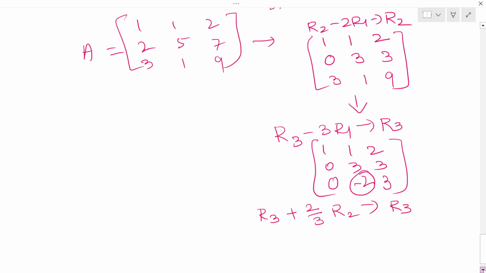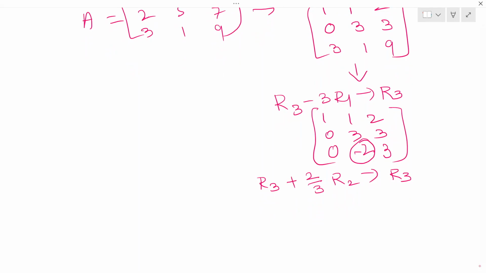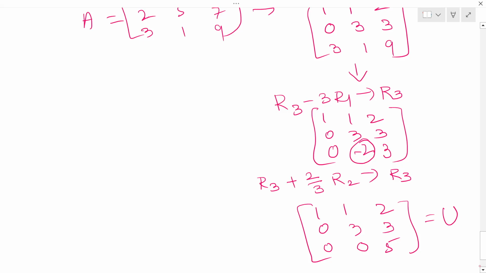So what will be my resultant? 1 1 2, 0 3 3, 0 0, and the answer is plus 2, so 2 5. Okay, this is my new matrix which is an upper triangular matrix. Okay, so I got my U.